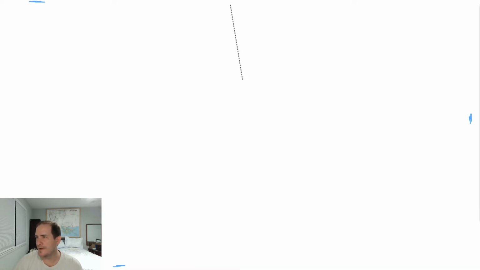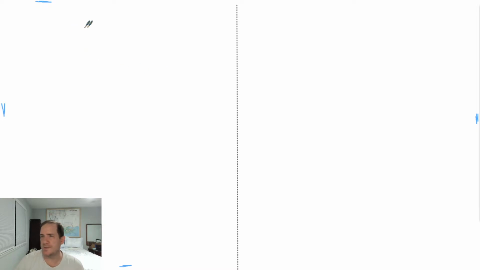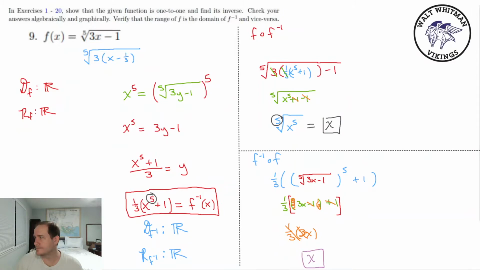We can put a little divider line down the middle, because we know on one side we need to be doing F composed with F inverse. On the other side, we need to be doing F inverse composed with F. And the two functions are what? I don't even remember anymore. So the quadratic, which was 3, and there's a 5 and a 1 in there somewhere.